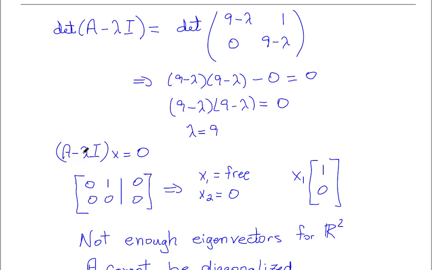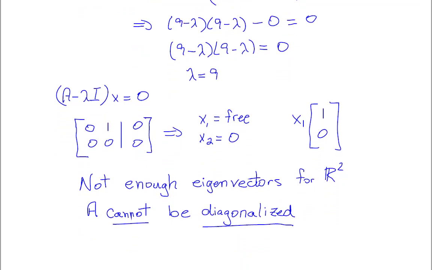So A minus 9I. And we get this vector, and so that tells me x1 is free and x2 is 0. But I only have one eigenvector, and I'm in R2, and so I don't have enough, and so therefore A cannot be diagonalized.